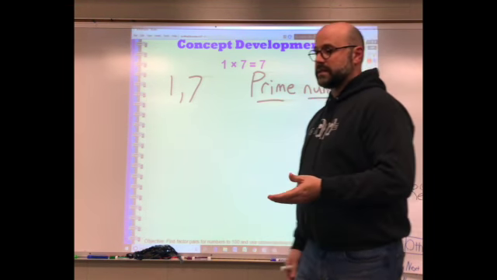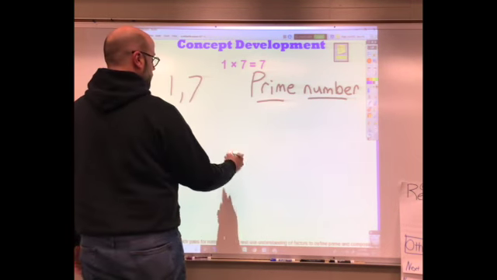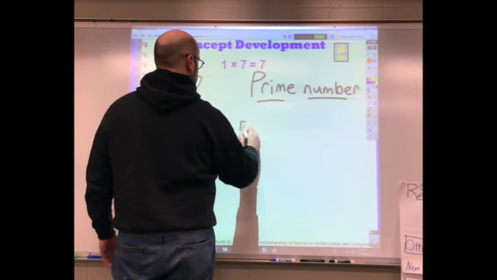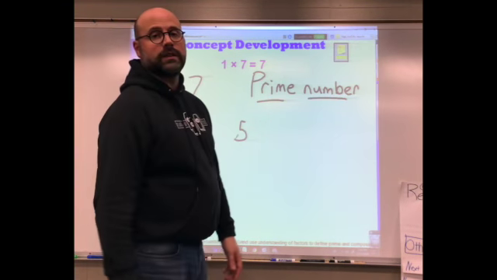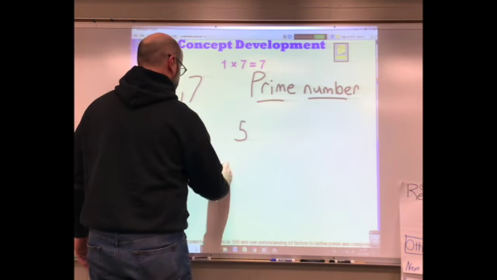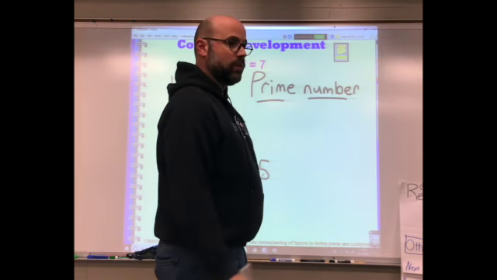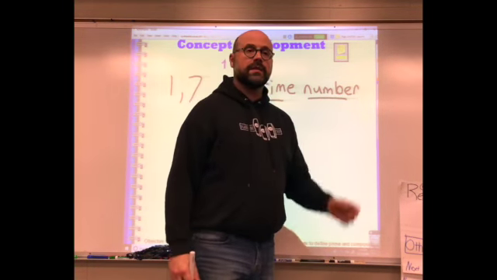What's another instance of a prime number? What if I give you the number 5? What are the factors of 5? Well, 1 is always a factor of a number. 1 times 5 equals 5. What else?